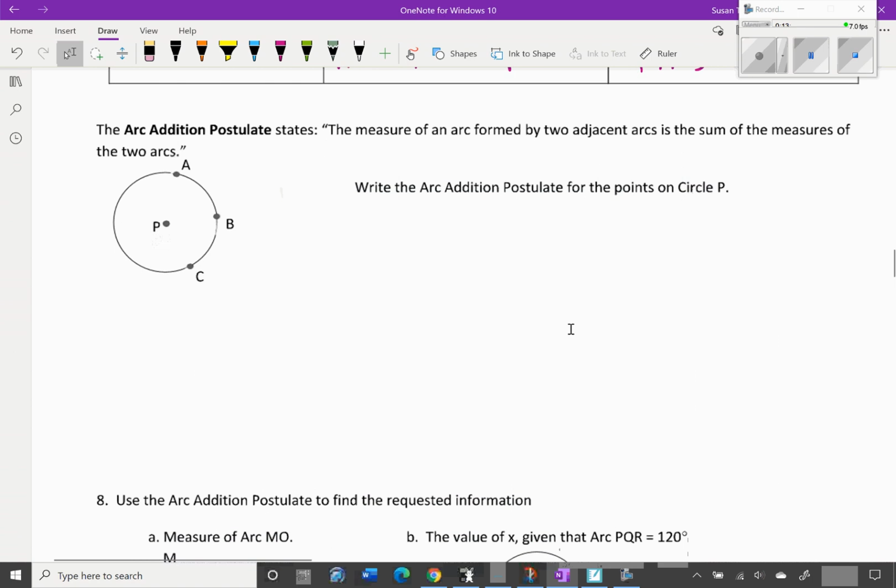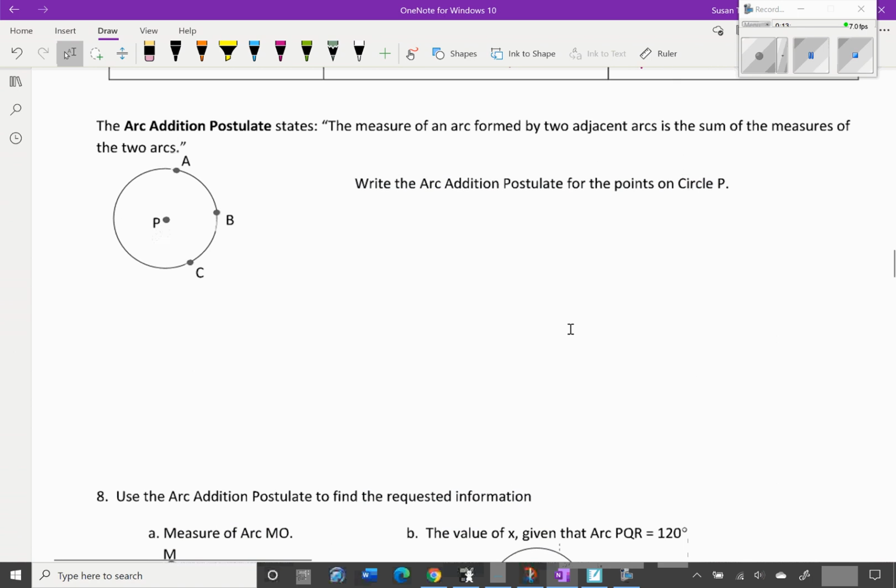So let's go to the next part. So the next one is the arc addition postulate. So this states that the measure of an arc formed by 2 adjacent arcs is the sum of the measures of the 2 arcs. So we're going to write the postulates for the points on circle P. So that would be arc AB plus arc BC is equal to arc AC.